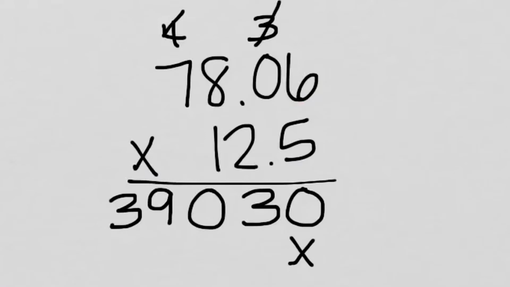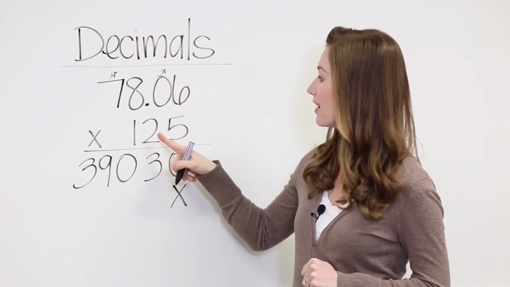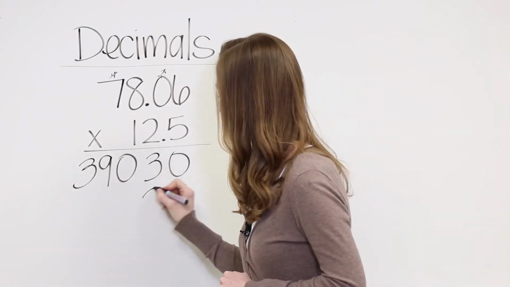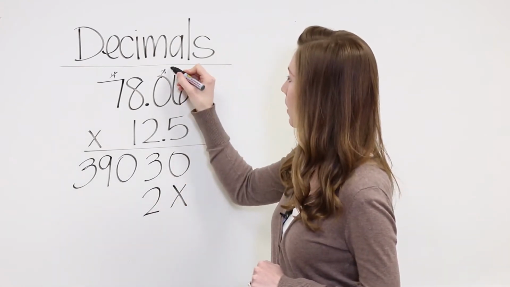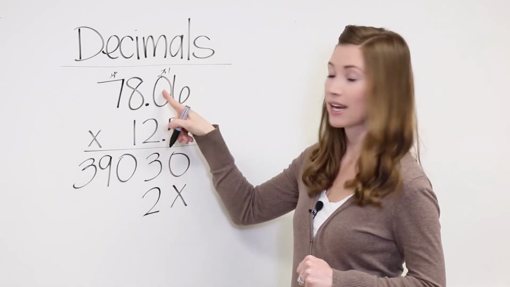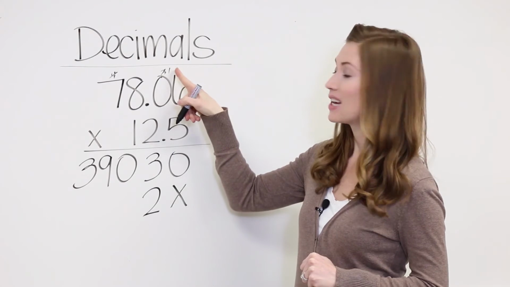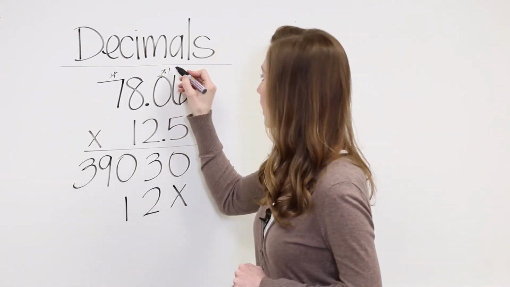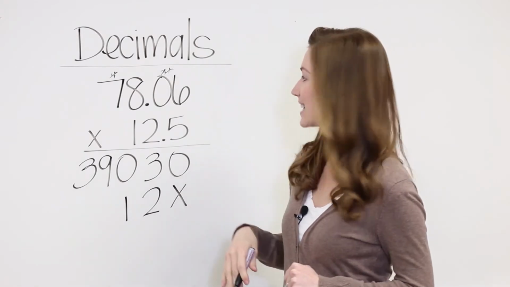We're done with our tens place and we're moving on to our ones place in our second number. 2 times 6 is 12. We carry the 1. 2 times 0 is 0. Plus 1 is 1. Cross out the 1 so you know it's already taken care of.